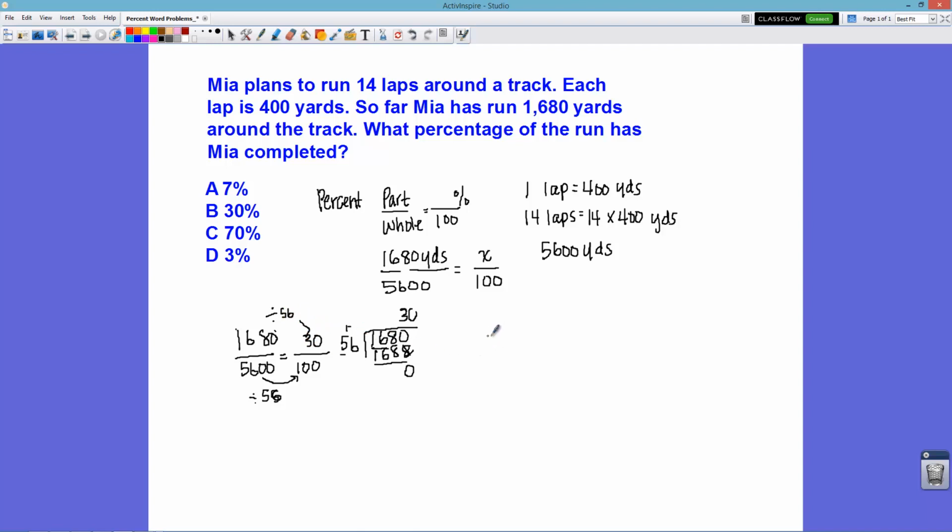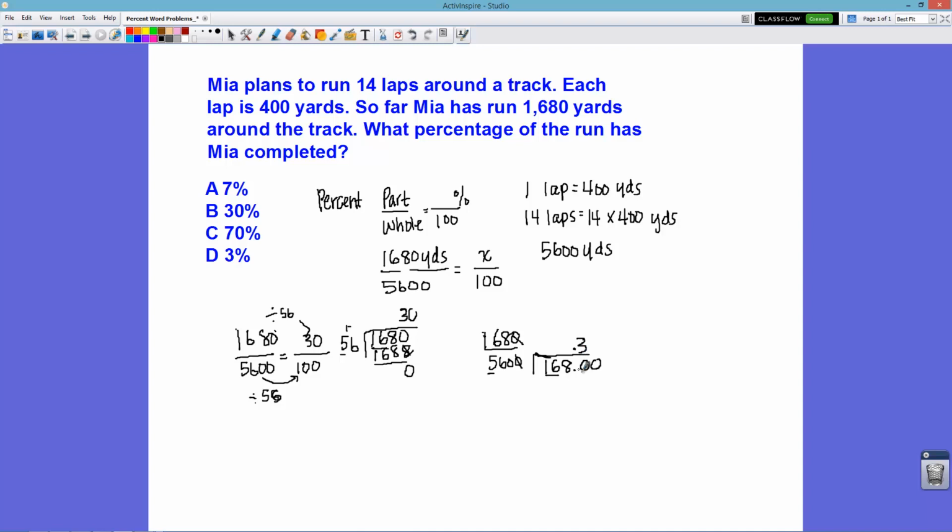And the second way to figure it out is just to look at the fact that this is a fraction, 1,680 divided by 5,600. And again, I can simplify by getting rid of those zeros. And I can look at this problem as 560 into 168. And I'm going to have to add decimal points there. And again, 5 into 16 is going to be about 3.